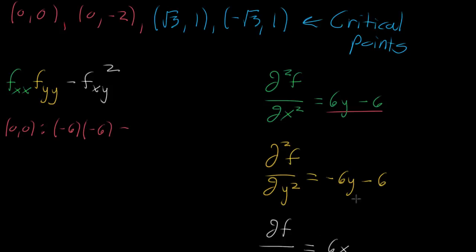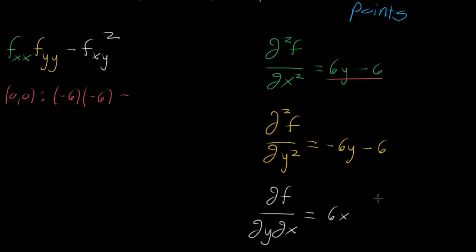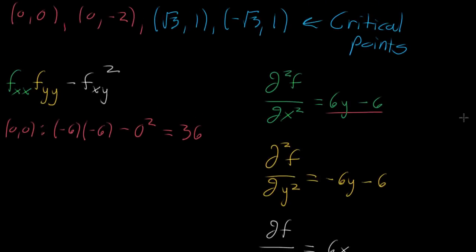And then we subtract off the mixed partial derivative term, which in this case is 0, because when we plug in x equals 0, we get 0. So we're subtracting off 0 squared. And that entire thing equals negative 6 times negative 6, which is 36. We'll get to analyzing what it means that that's positive in just a moment, but let's get all of them on the board first so we can start doing this with all of them.